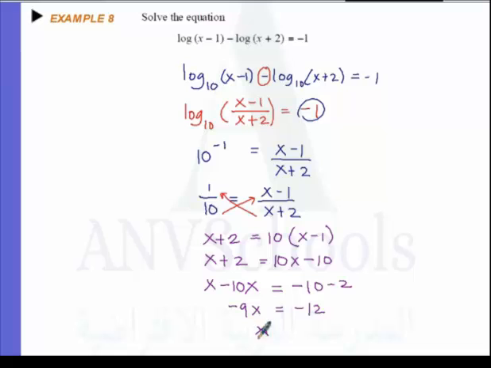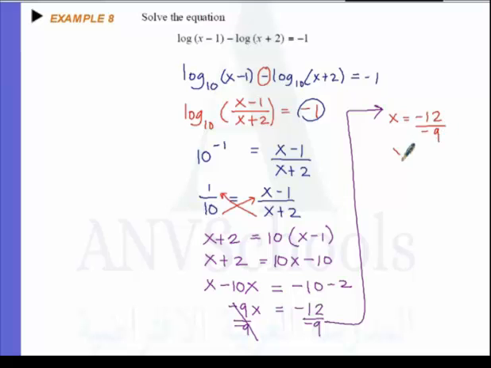My x here, we divide both sides by −9. So we have x is equal to −12 over −9. Simplifying, I divide both by 3, so I will have 4 over 3.